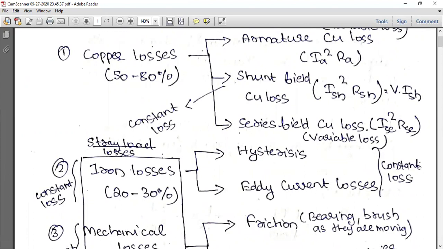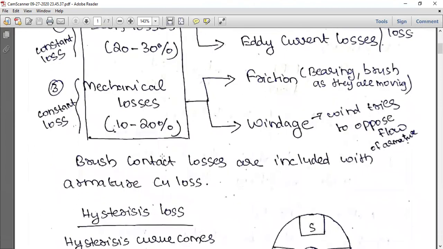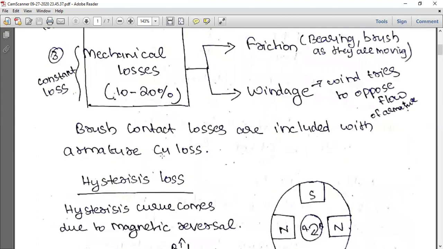All other losses, iron loss, mechanical loss, and the shunt field copper loss, are constant losses. Iron losses and mechanical loss together are also called stray load losses. Then we have brush contact loss also, but it is included in the armature copper loss.